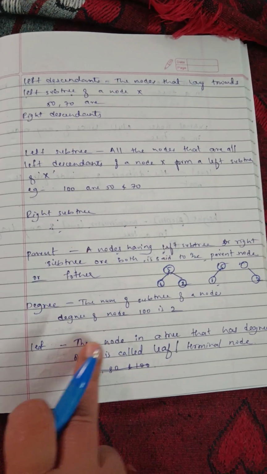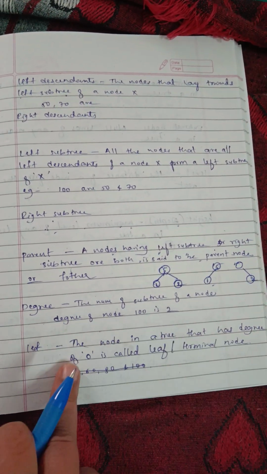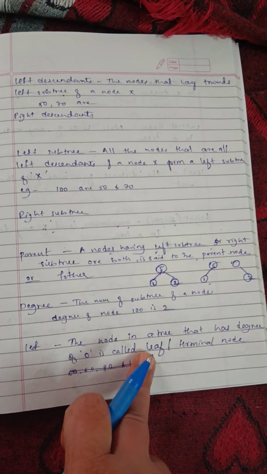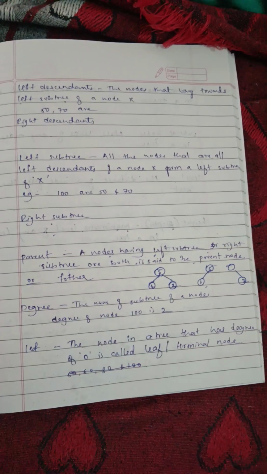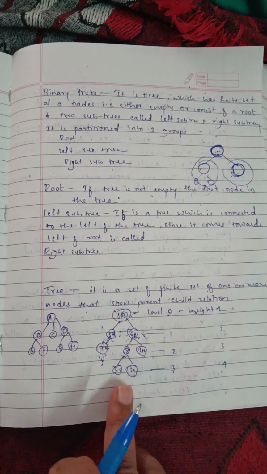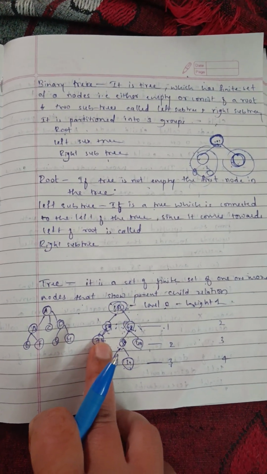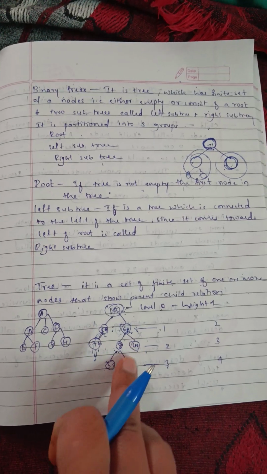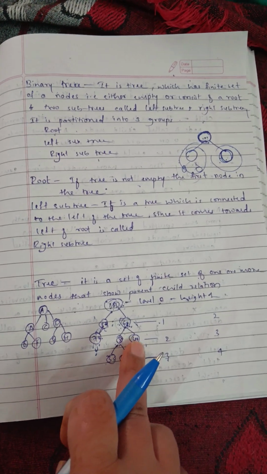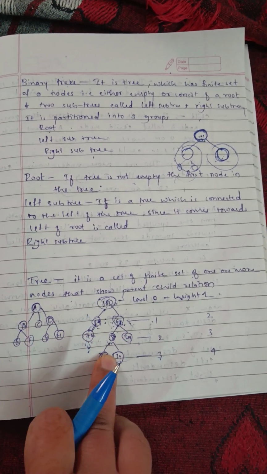Then leaf nodes. The nodes in a tree that have degree 0 are called leaf or terminal nodes. Which are the leaf? Terminal nodes are these. 70. There is no child, right? And 35, 30, 40. These are known as your leaf nodes, or you can say terminal nodes.